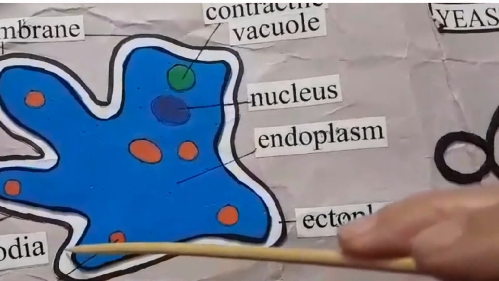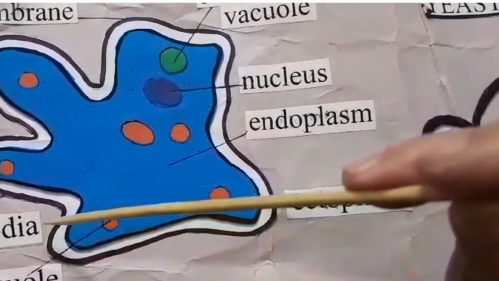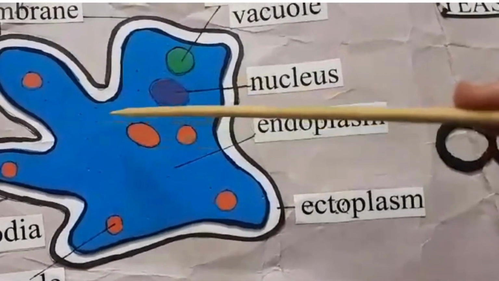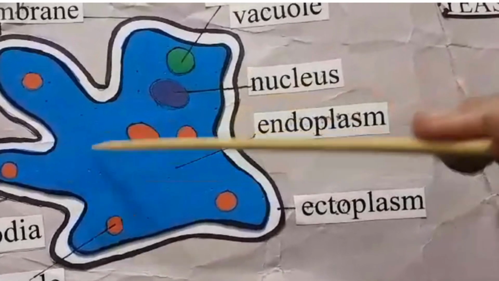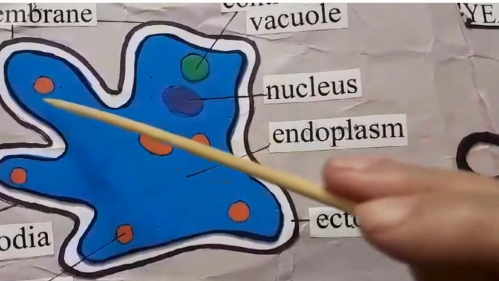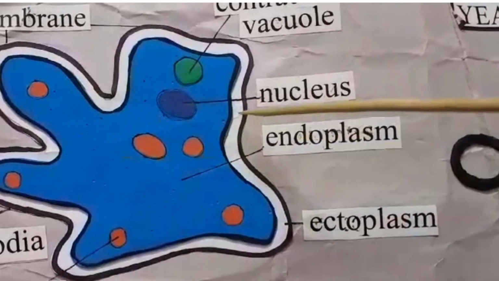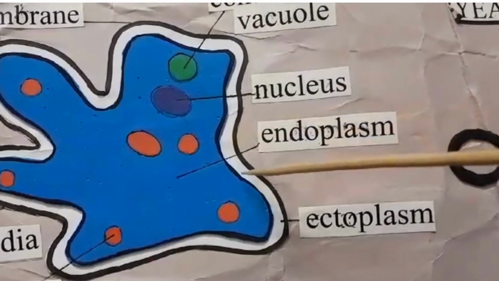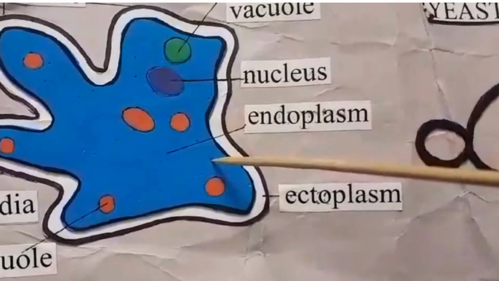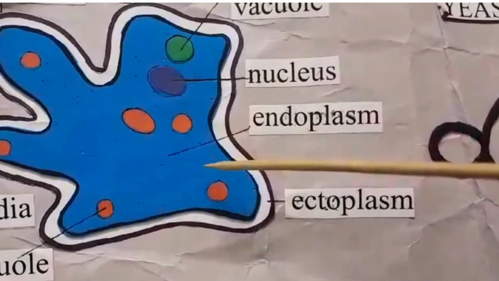They are used to move the amoeba. Amoeba doesn't have one constant shape. It keeps on changing, for example, this part, pseudopodia, then it will come on this side. So these pseudopodia are used to move the amoeba.